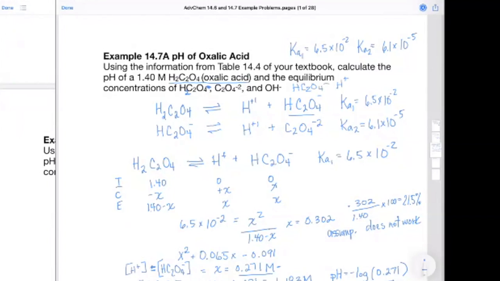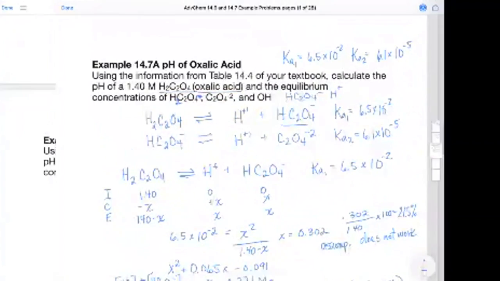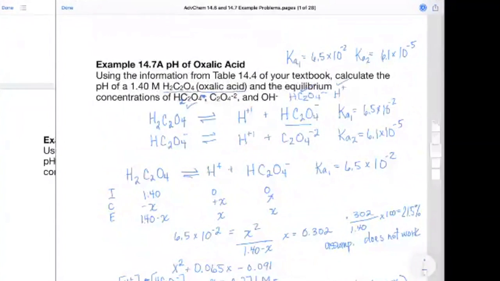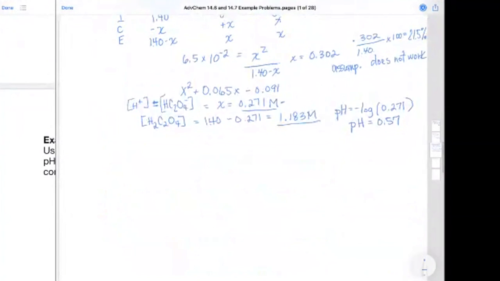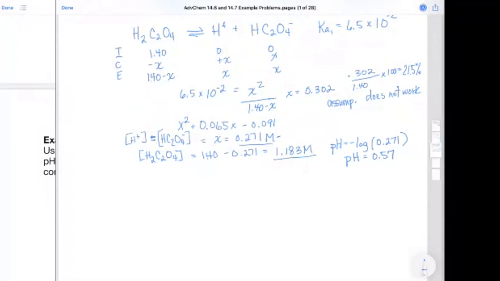So we're looking for all of the species concentrations here, just for good practice. So far we have this one, we have this one, and we have this one. So we need to get the C2O4 and the OH concentration. So how do we do that? Well, so far we've just taken off one H.